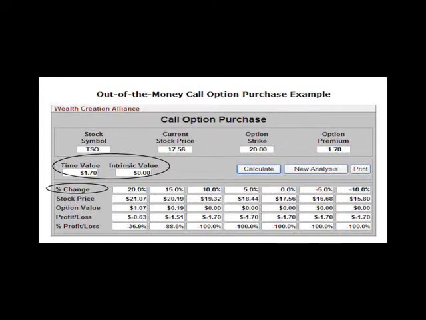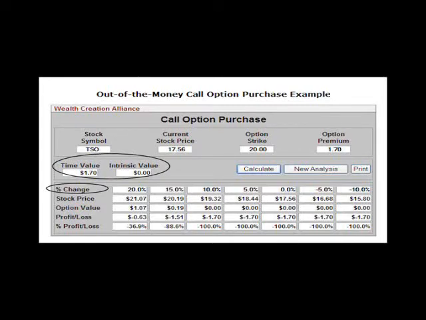The first row of the table is labeled percentage change, and again, this is a user input. In this example, we're assuming various percent changes in Tesoro stock at option expiration, from a 20% increase to a 10% decrease in price.